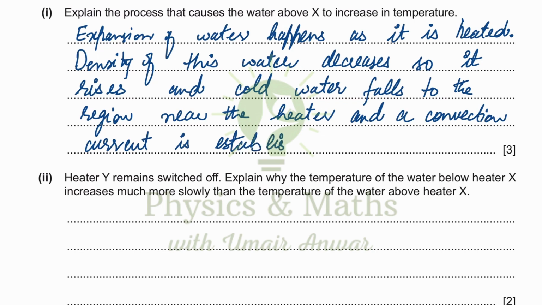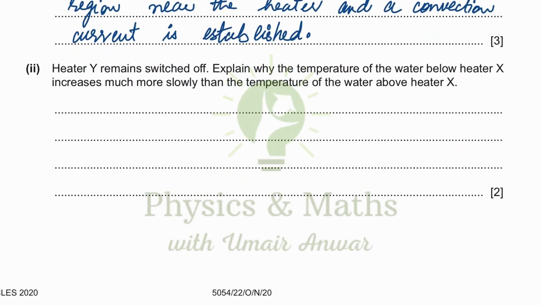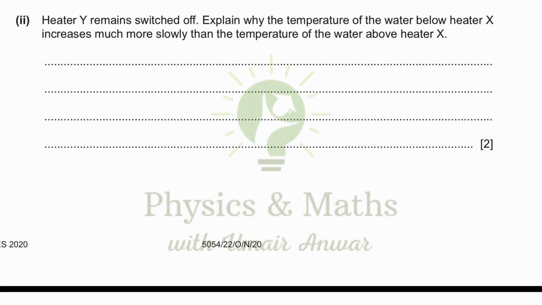That is why the water which is above X is heated much more quickly than the water below the heater X. Heater Y remains switched off.